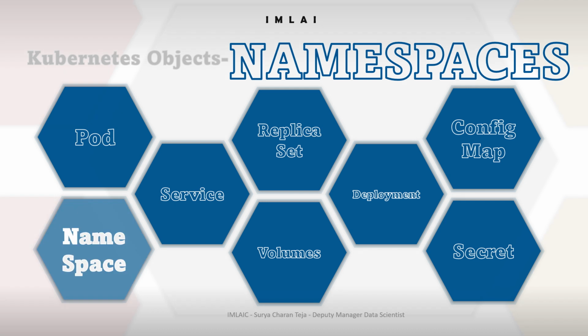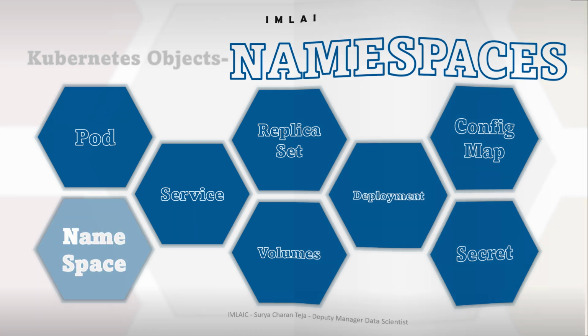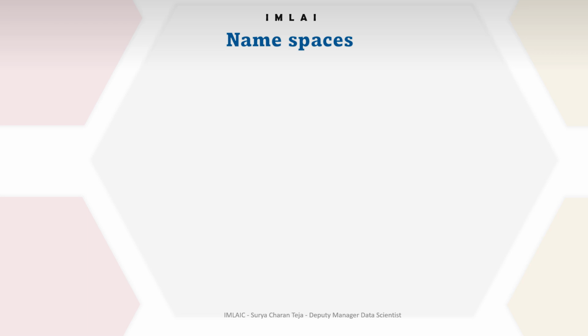So normally you can create namespaces for a development environment and a production environment, and like this you can isolate your environments. For example, you have a dev environment, prod environment, testing environment, and staging environment.